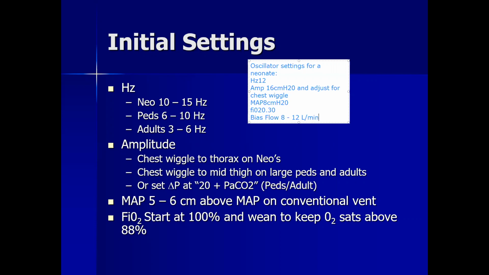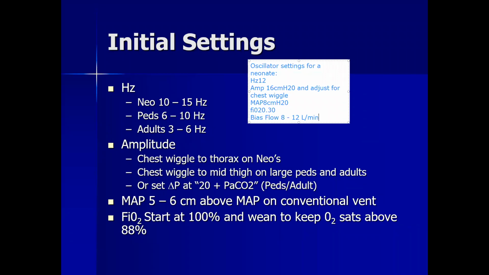So for a neonate, 12 hertz is some numbers that just help you to have some starting numbers. Amplitude 16, mean airway pressure 8. FiO2, you're starting at 30% and then adjusting it to get your sats.